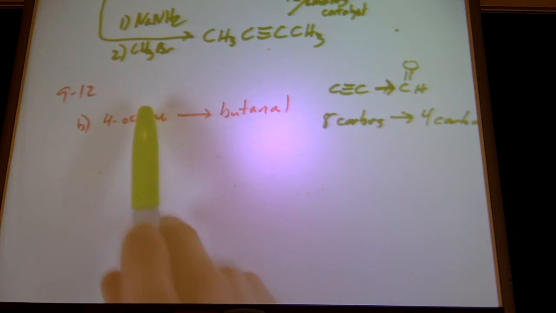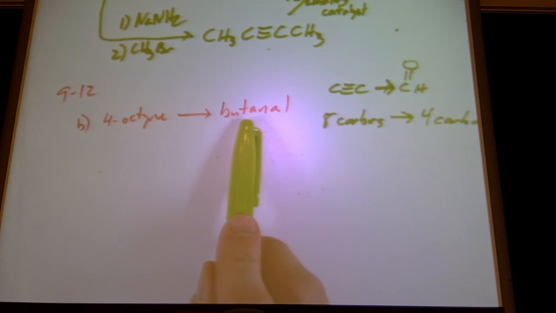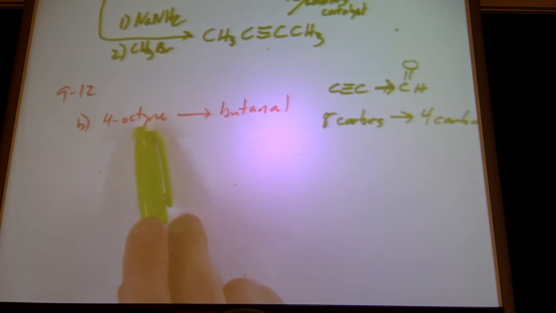If you use BH3, it would just add the carbonyl there, though. What do we use to cleave a bond? O3. Yeah, ozonolysis. So we're going to use ozonolysis. But if I cleave my triple bond, if I use ozonolysis on this, I end up with a carboxylic acid because it's a triple bond. And so that would be the answer to F, butanoic acid. I want it to be the aldehyde. I don't want to make a carboxylic acid. So what I could do is first make my double bond.